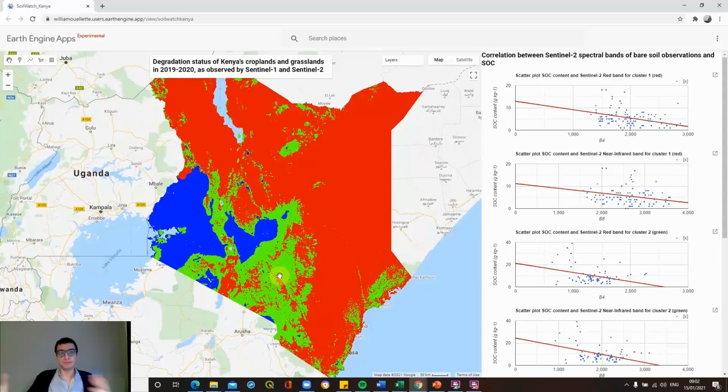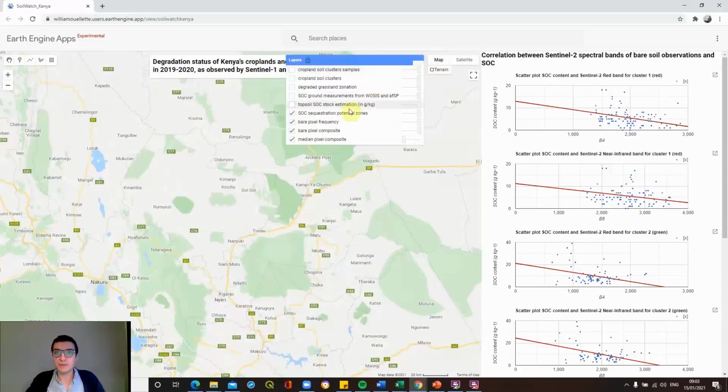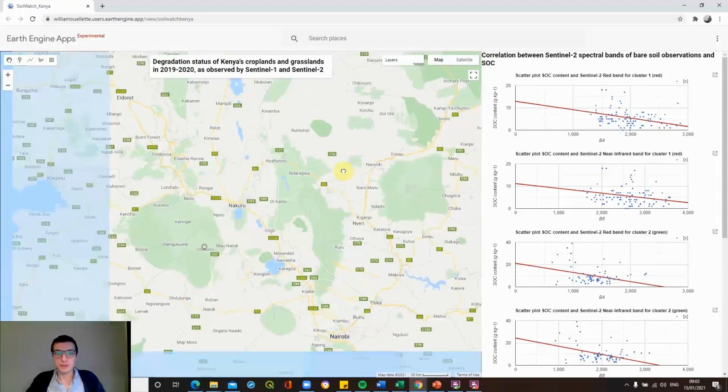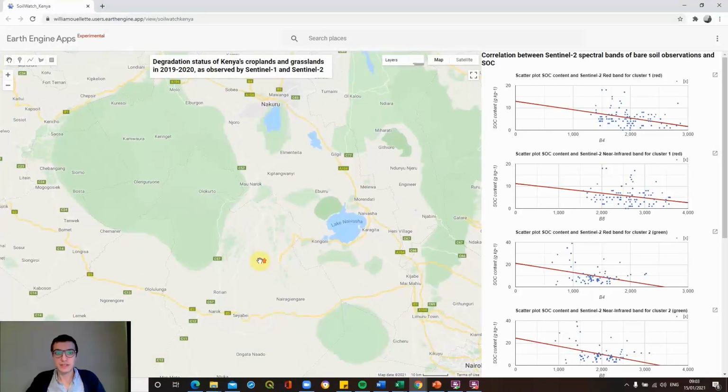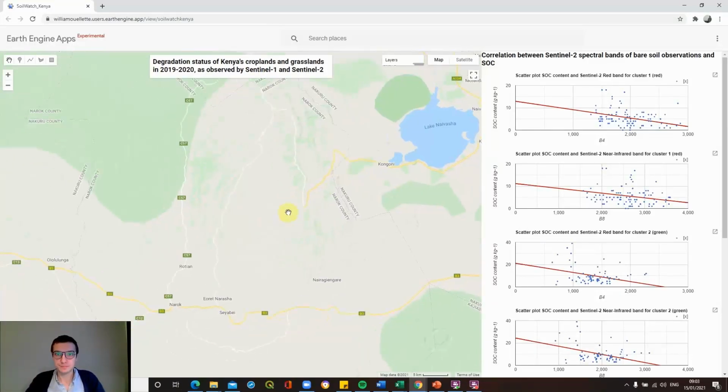So this is basically what's under the hood for the service of scoping areas of high sequestration potential. And this is done at country level now. But in fact, if you zoom in a bit into the layer, you'll see that the kind of information we produce is extremely fine-grained and high resolution.